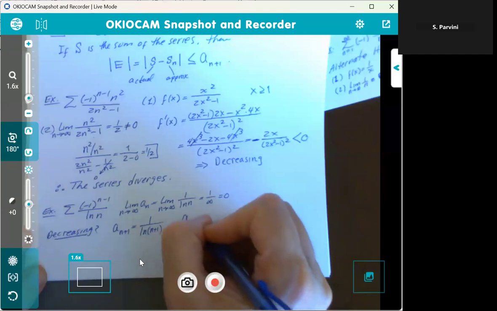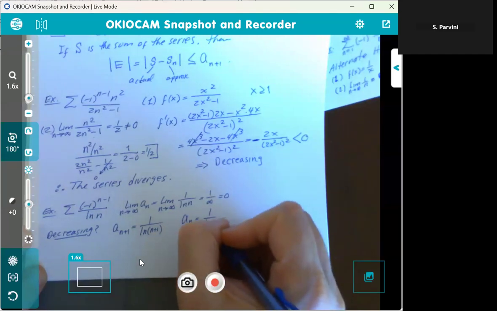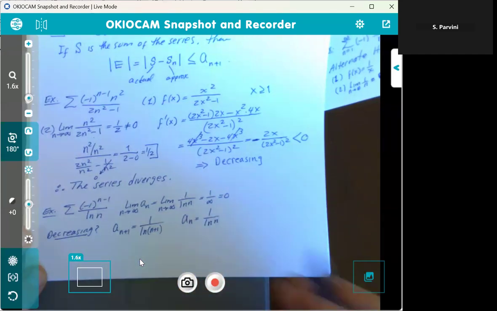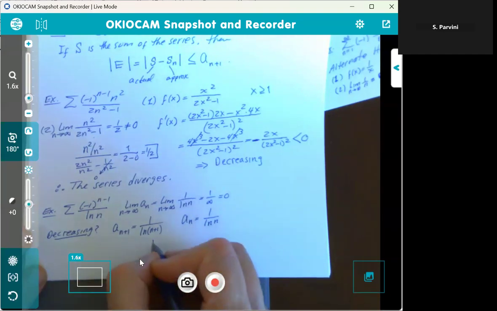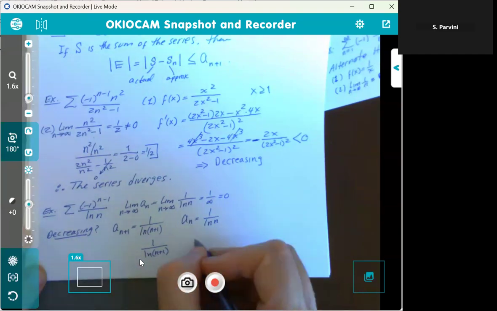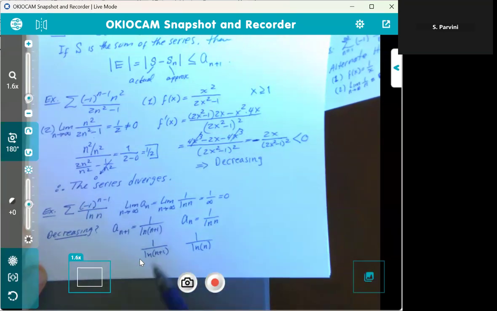A sub n is going to be 1 over natural log of n, right? Now, if we compare these two fractions, n plus 1, the argument of natural log, is 1 more here than it is here.